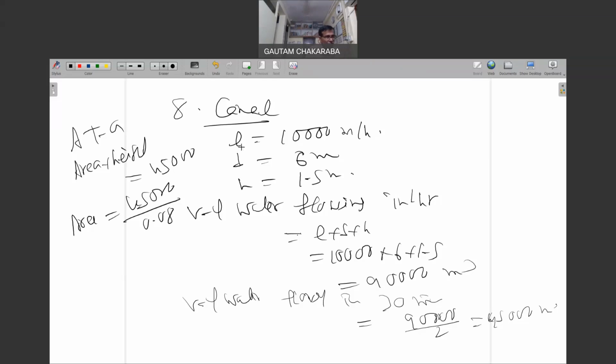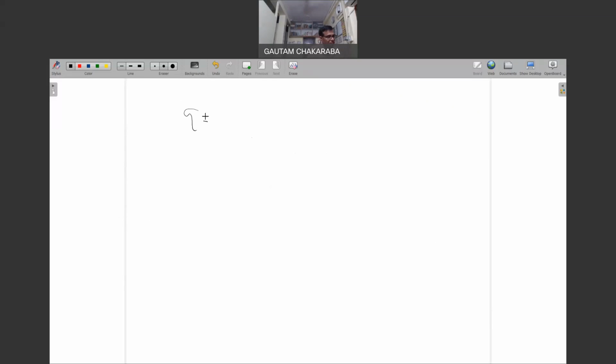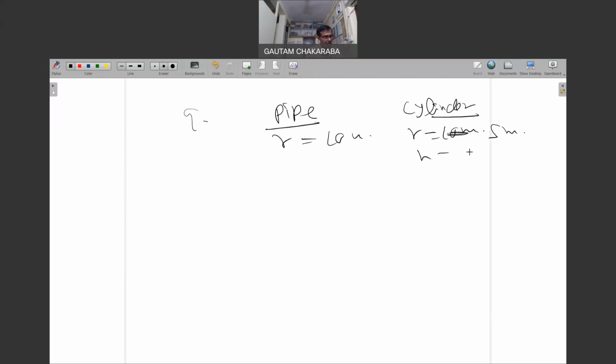And now I move to the next question. Question number 9. A farmer connects a pipe of internal diameter 20 centimeter, so pipe radius is 10 centimeter, into a cylindrical tank of 10 meter diameter, so radius 5 meter, and depth 2 meter.